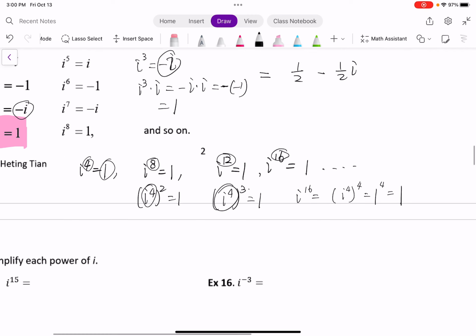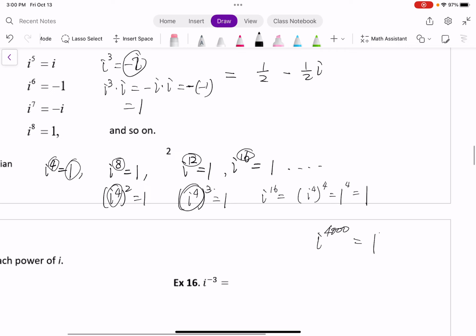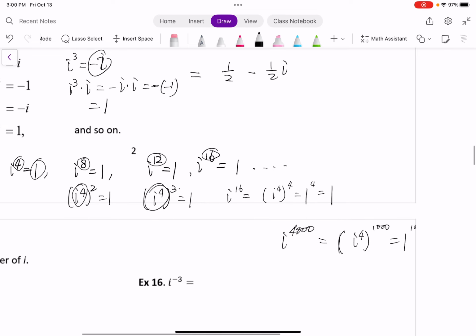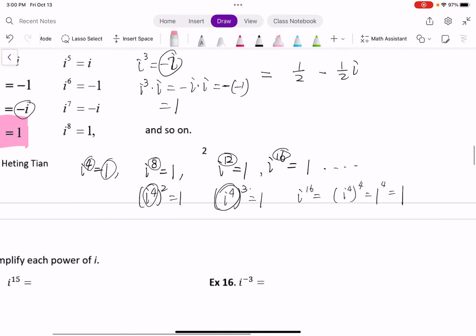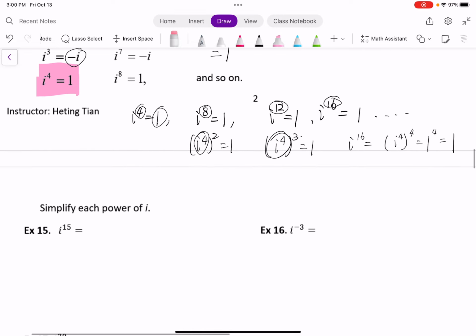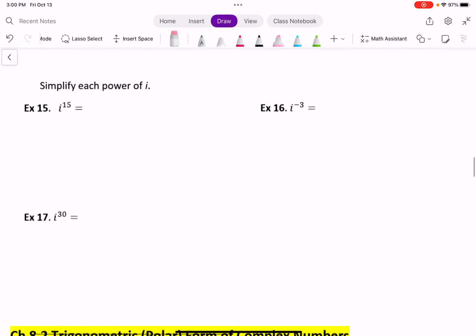That means every time if I see i to the multiple of 4, the solution must be 1, because I can convert this one to be the i to the 4th, then 1000 power. Then inside of the parentheses we have 1 to the 1000. It is 1. So remember that if i's power is a multiple of 4, the solution is 1.